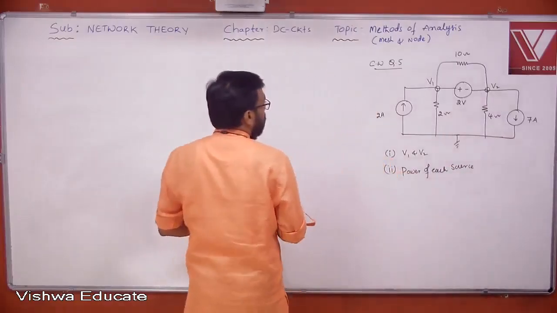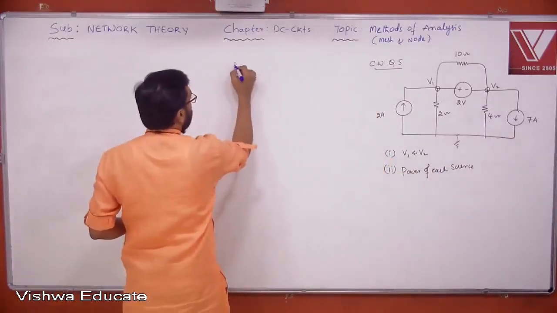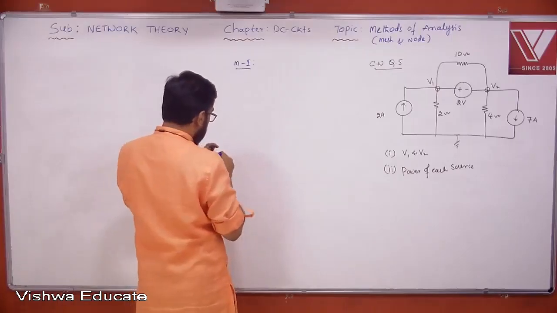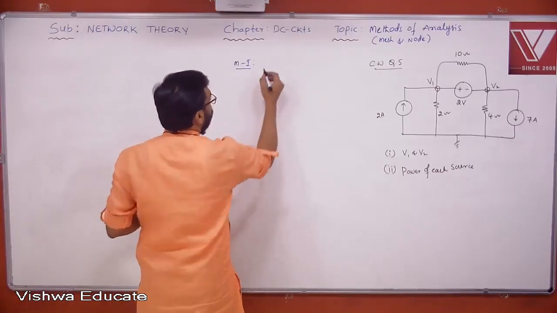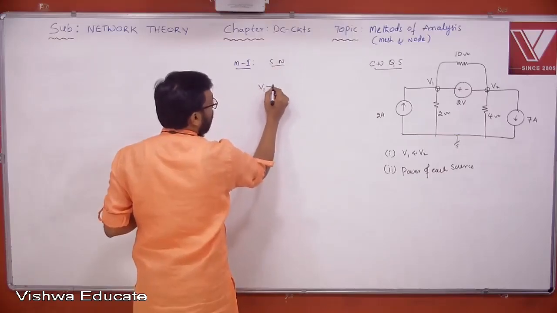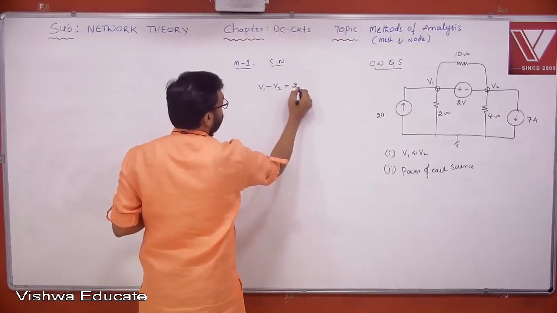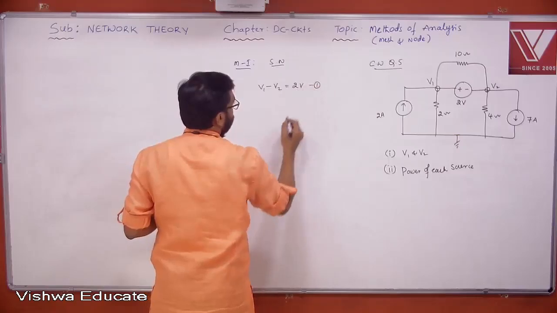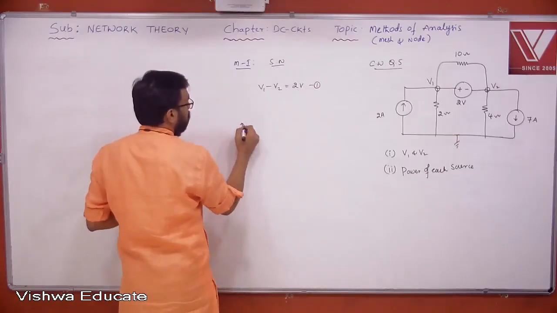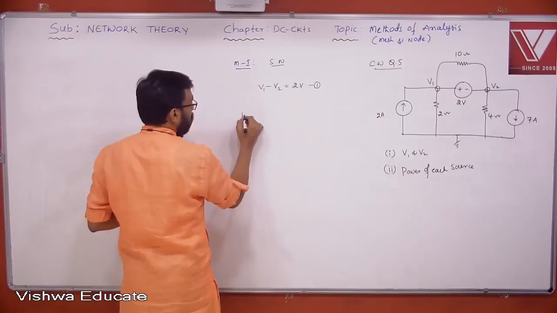Now, what is the first step in supernode analysis? Method 1, supernode analysis. Express the node voltage in terms of the voltage source value. It's the first equation. And suppress the voltage source.